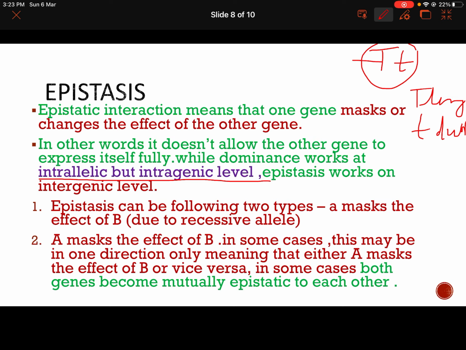One allele is for height of the plant, which will give tall phenotype, and one allele will give dwarf phenotype. It is at interallelic level or intragenic level. Intra means inside one gene. But epistasis works on intergenic level. Epistasis works when one gene is affecting another gene, not its allele, another gene.